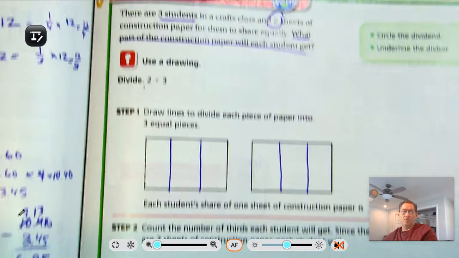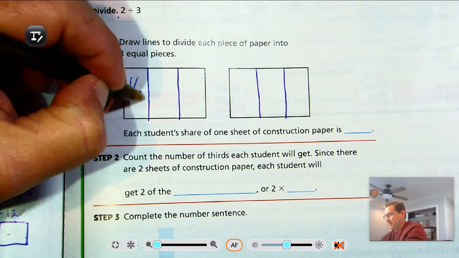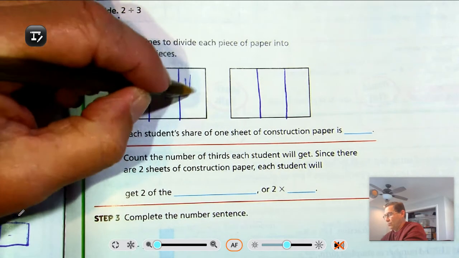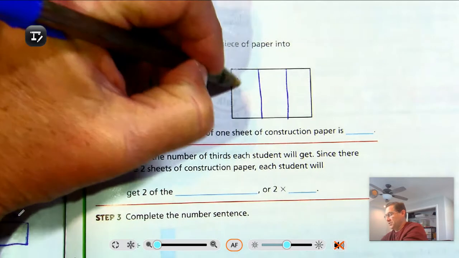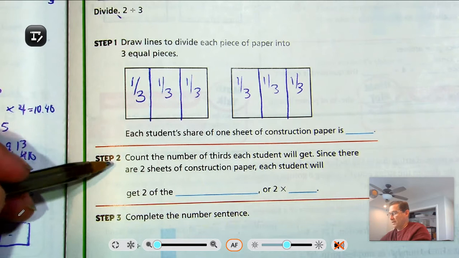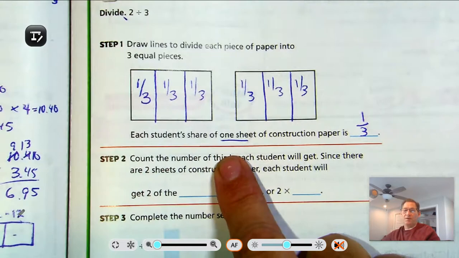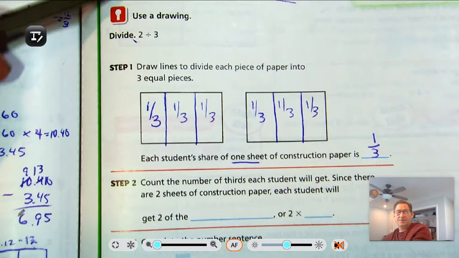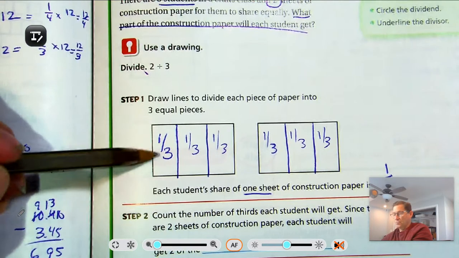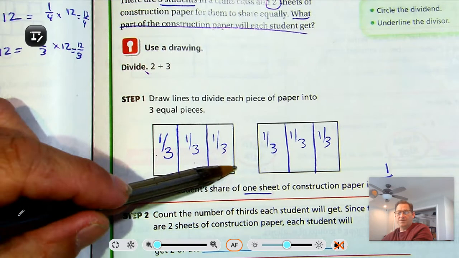All right, so each student could get 1/3 of each sheet of paper. So the share of 1 sheet of paper is 1/3. Remember, there's 3 students. So 1 piece for that student, another student, and another student.